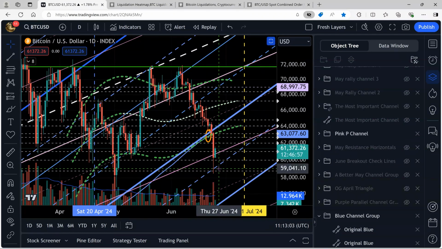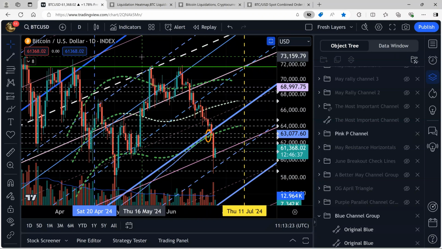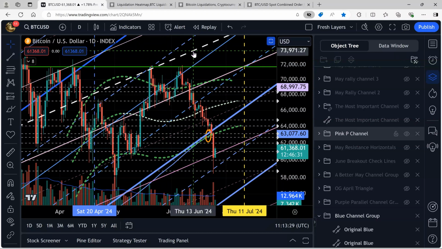just like people talk about the fibs. Fibs are a joke, people, okay? Because sometimes lines come down to fibs. When it comes anywhere near a fib, people say, oh, yeah, it's going down to the 618. When people use fibs, what they're really saying is it's gone down 50%, or 25%, or 75%.